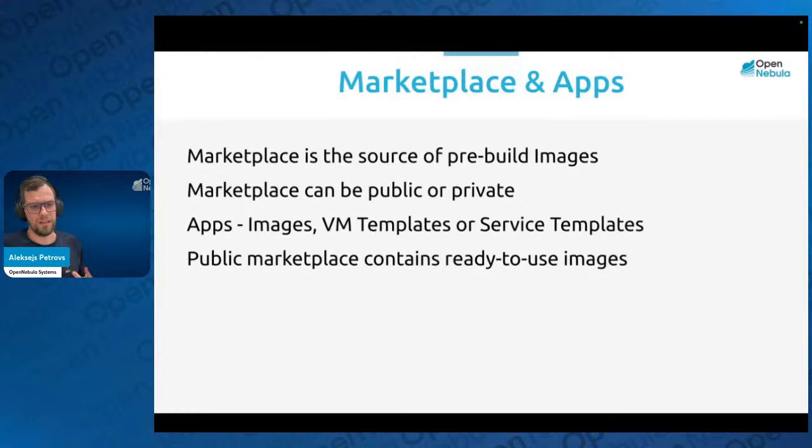Now, one of the good examples of a service would be OneKE, so OpenNebula Kubernetes Engine. So that is a service that comes with multiple virtual machine templates and also is scalable, so you can scale it up and down. Now, as I mentioned, the public marketplace contains a ready-to-use image.